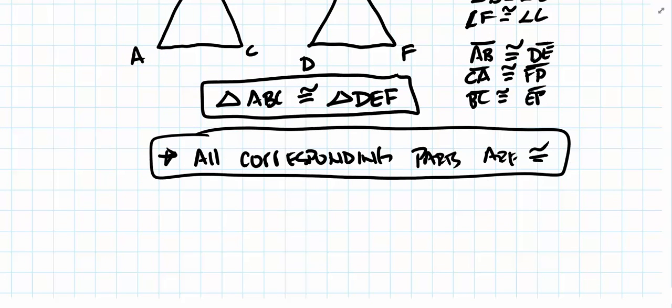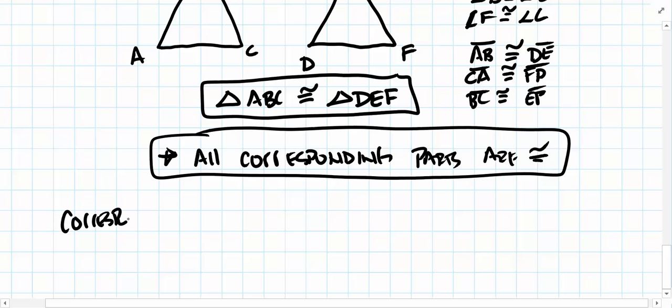So the actual thing that we say in the proof is this. We say corresponding. Can we draw that arrow now that we know that means corresponding? The arrow means corresponding. Can we write that instead of writing corresponding out?